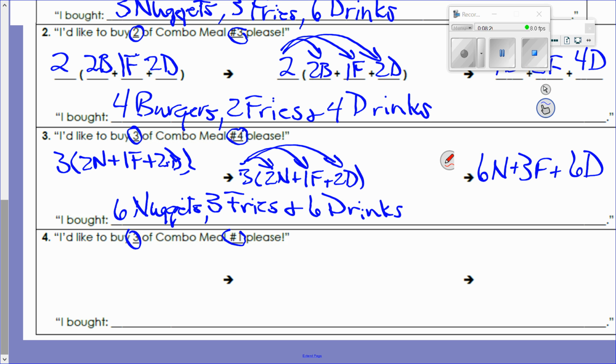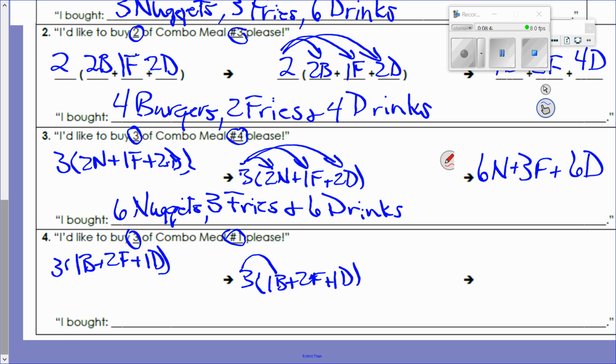3 of combo meal number 1. So we're back to our first combo meal, our fry lover one. So I'm getting 3 combo meals. Each one has 1 burger, 2 fries, and a drink. So using our distributive property, 3 times 1 burger plus 2 fries plus 1 drink.